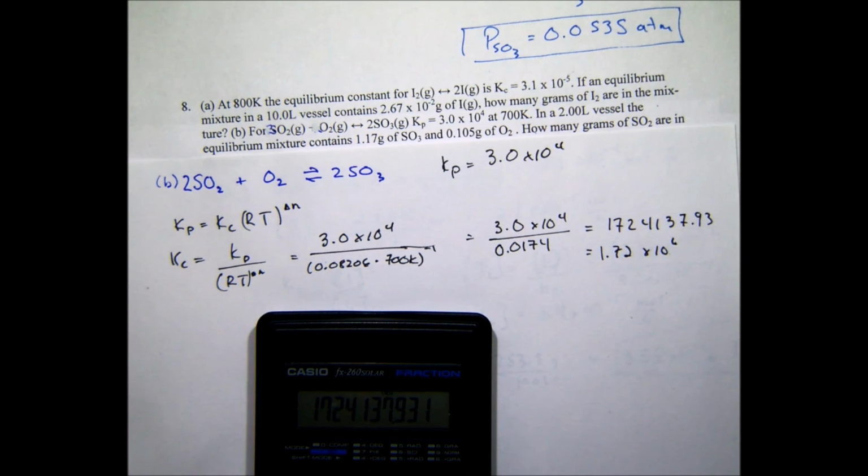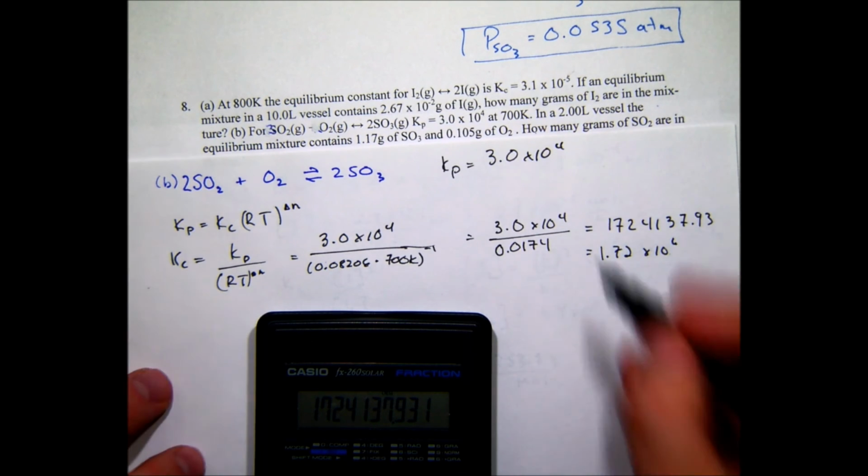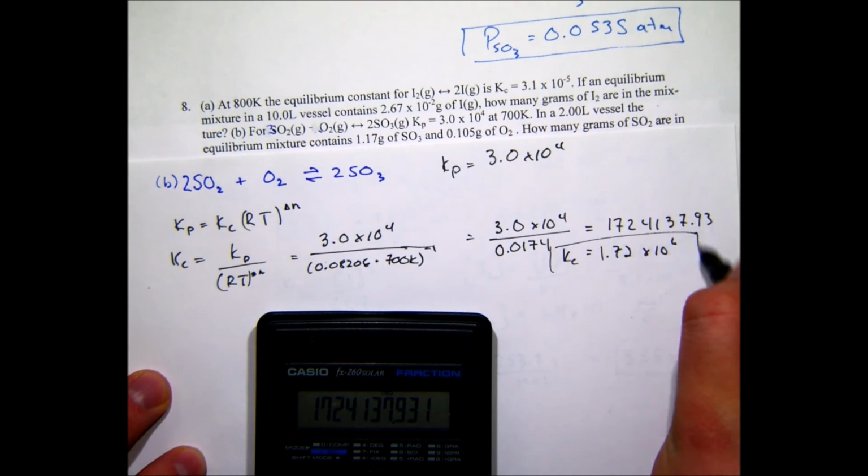So your Kc value is 1.72 times 10 to the 6. Obviously, equilibrium lies very much towards the product side. And again, that is your Kc value that you're going to use.